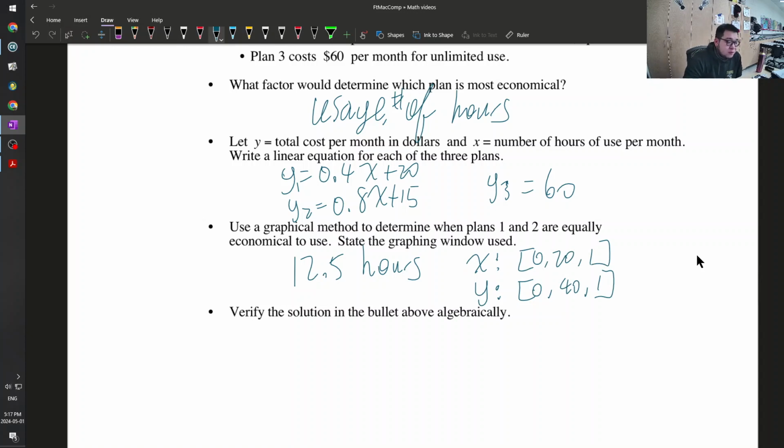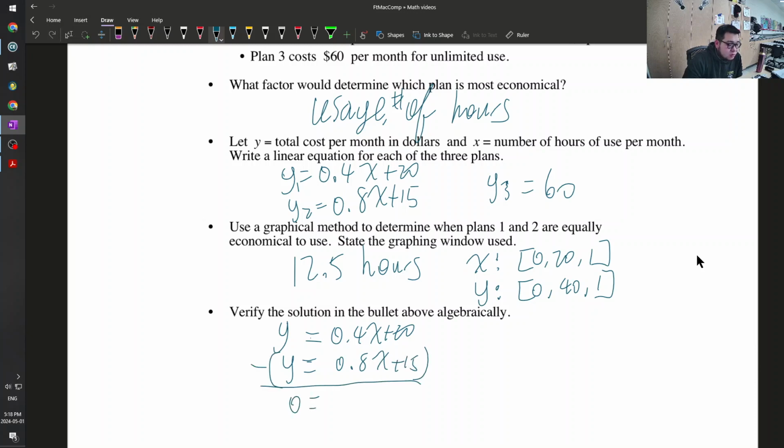Verify the equation graph algebraically. So we want to solve this one basically, and we want to find what the x and y is. Okay, so y is equal to 0.4x plus 20. Y is equal to 0.8x plus 15. Subtract these two.